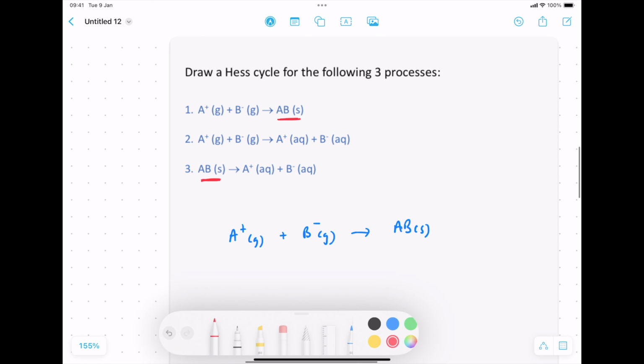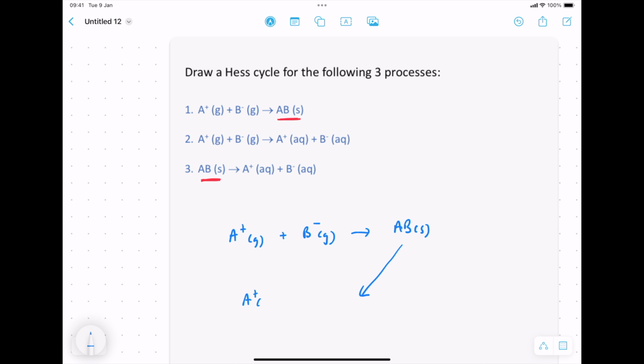So I can go ahead now and do an arrow going down from this side to produce A+(aq) plus B-(aq), which is this process. So there's those two processes done.